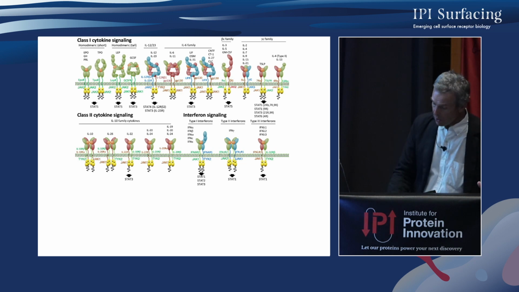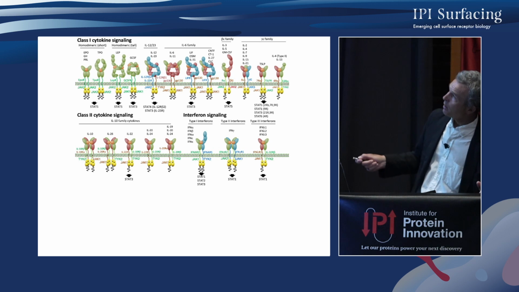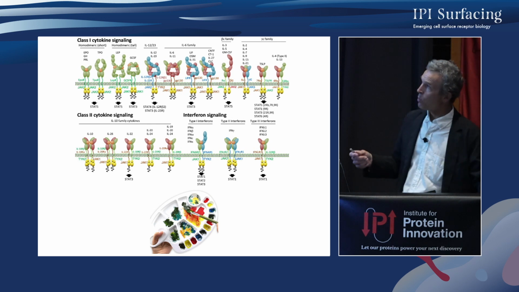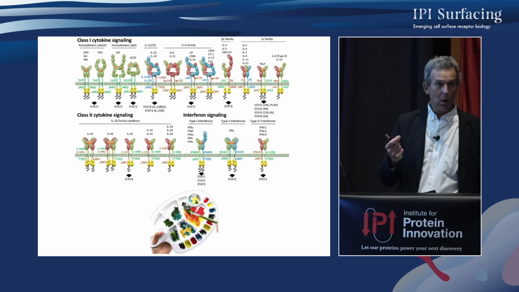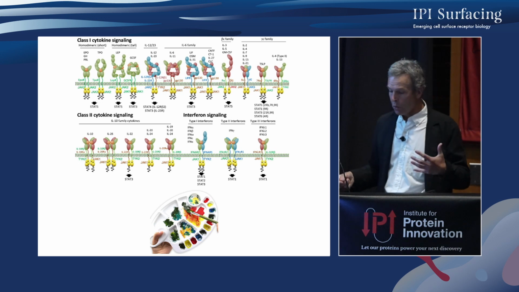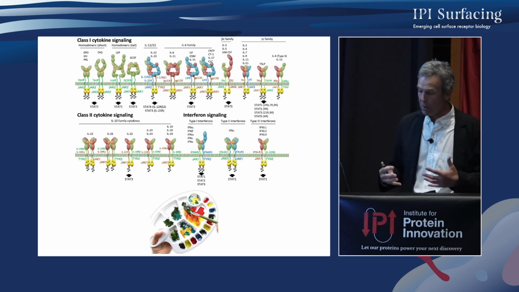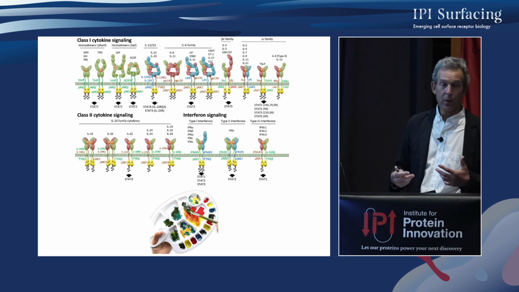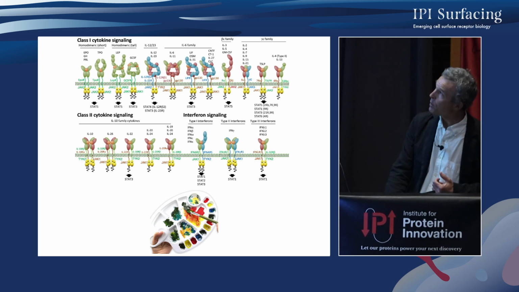When I look at this type of lineup, I think of it like an artist's color palette, where each one of these is a different color, and nature provided us with the primary colors, but by combining them in different combinations, you can make new hues and tones that may not have been evolutionarily selected because they may not be useful for homeostasis, but they may be really useful drugs. And so we're doing a lot of this scoping around now, looking for different combinations.